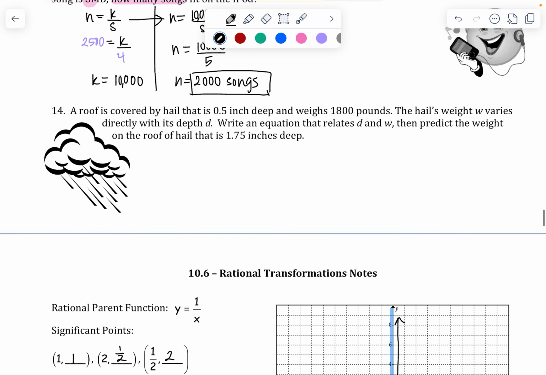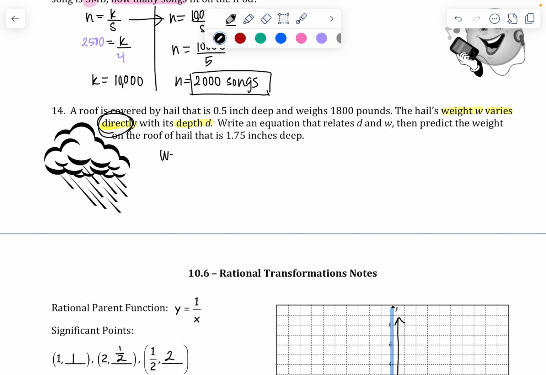Great, last one. A roof is covered by hail that is 0.5 inches deep and weighs 1,800 pounds. The hail's weight, W, varies directly with its depth, D. So this is the first time we have directly. Be very careful.